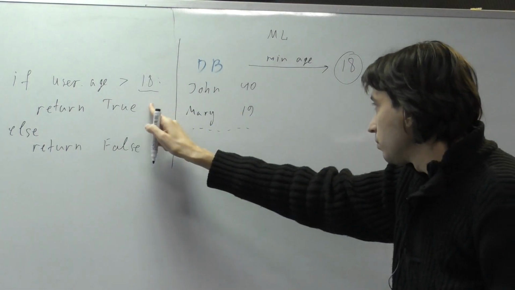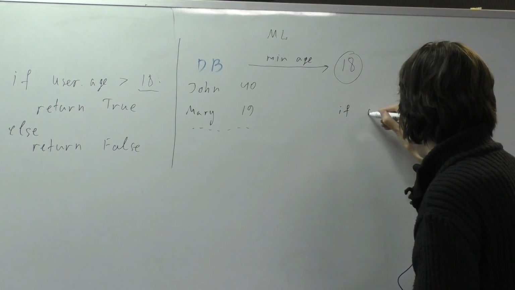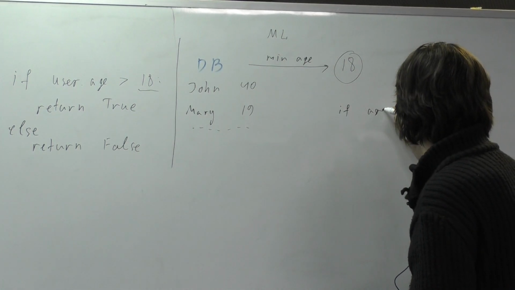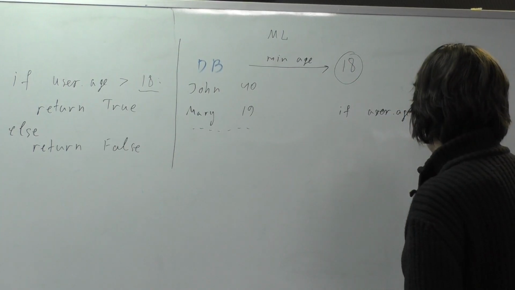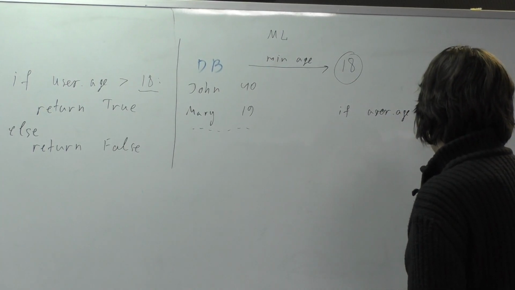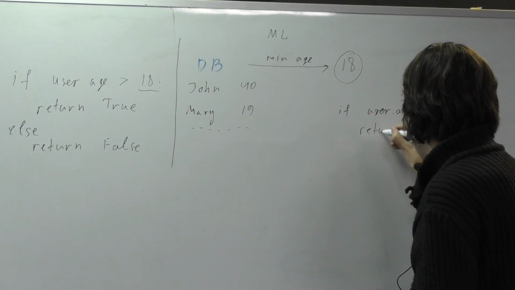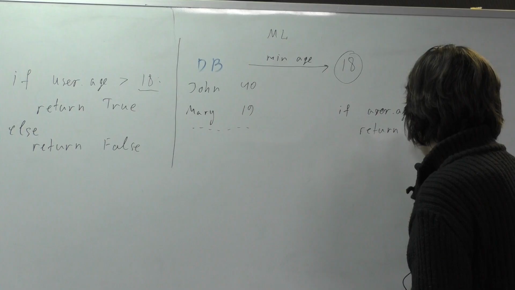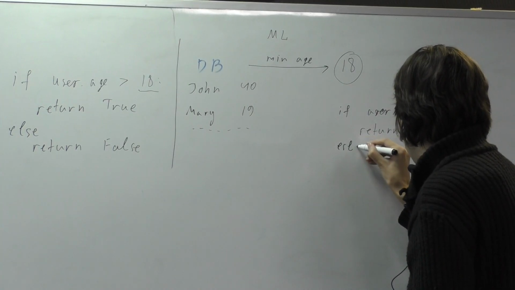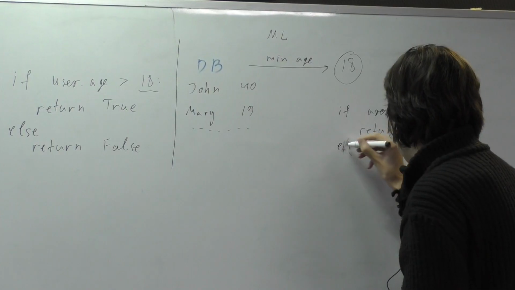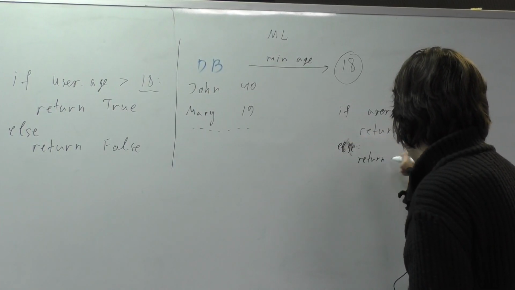So it's basically the same program, but I leave a placeholder here. User age greater than or equal to, let's say, some parameter a, and here I return true, else false.